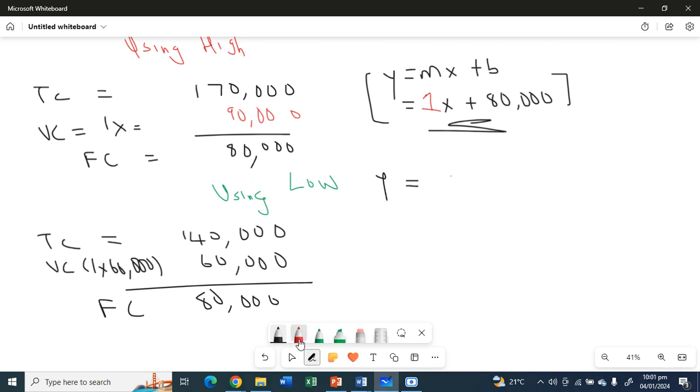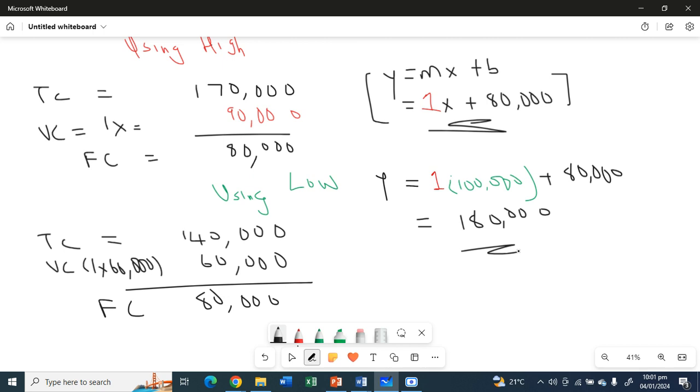Our variable cost is 1 with 100,000 units, so we replace x with 100,000, plus 80,000. So 1 times 100,000 is 100,000. 100,000 plus 80,000 is 180,000. So this is the total cost we incur if we produce 100,000 units.